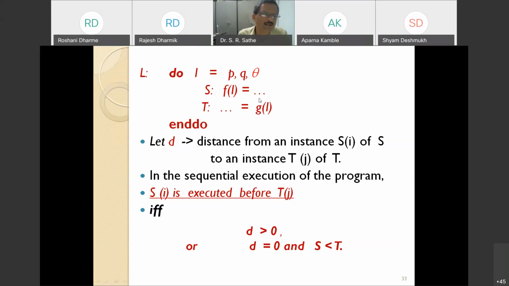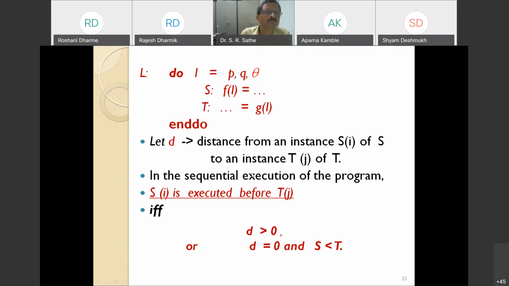Physical location in the file, that is. There is a file in which S is located first and then T. So when you sequentially execute, you always execute from top to bottom. You don't go from bottom to top, right? So therefore, S will be executed first and T will be executed later. So any questions till now? If there are questions, you can ask.